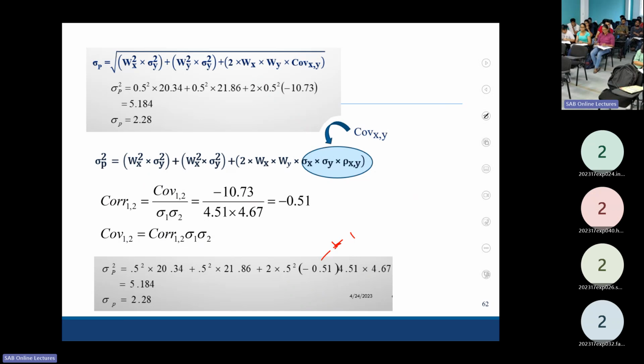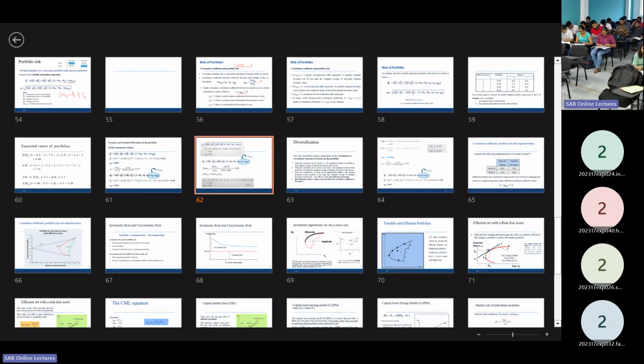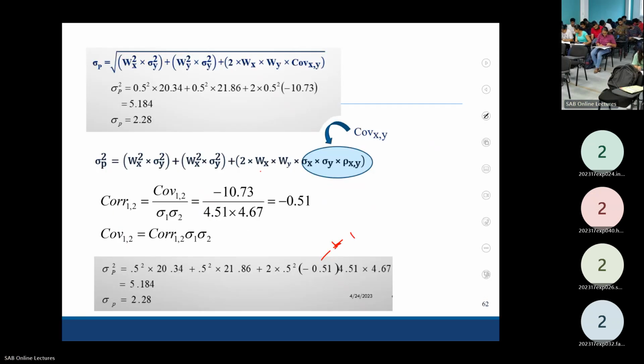Correlation coefficient, just suppose that it is 1. So you see what the portfolio risk is. We calculate by changing this number.